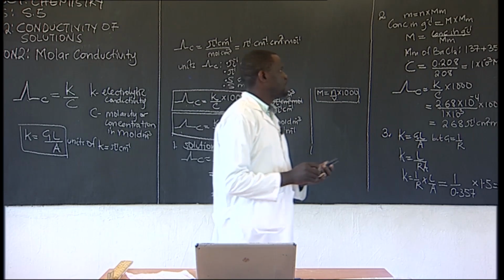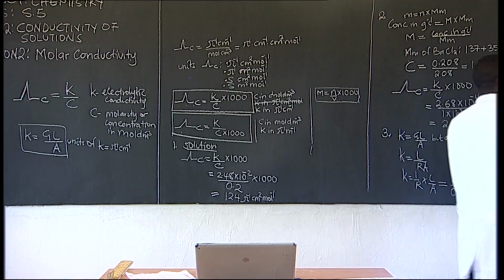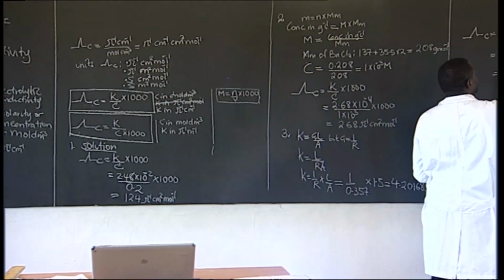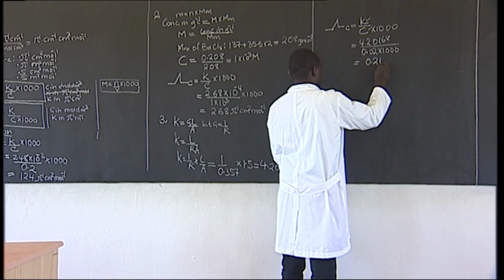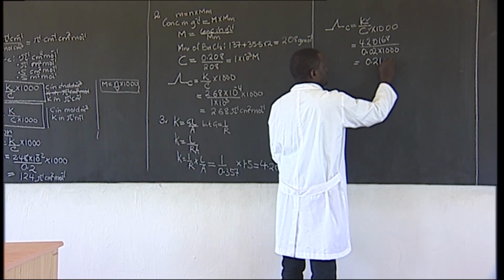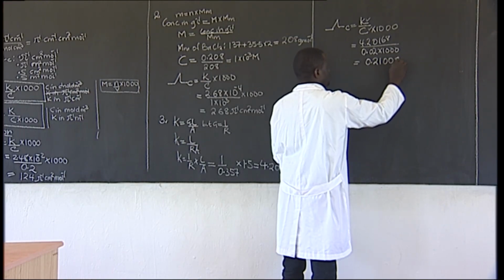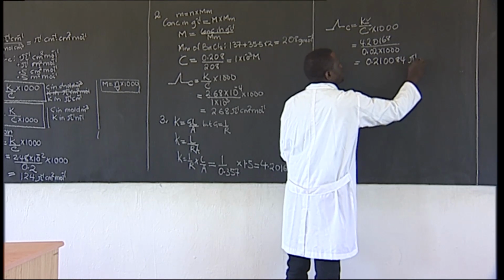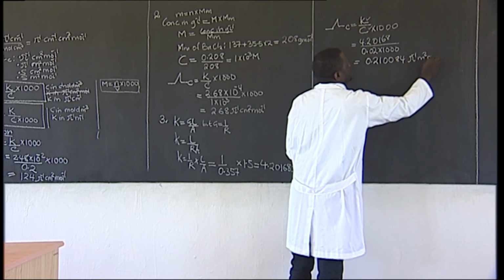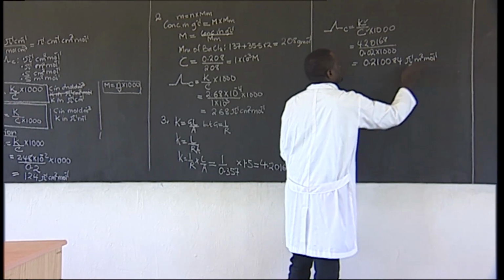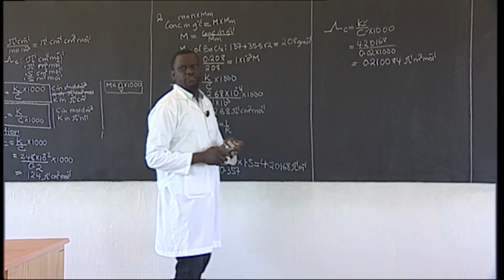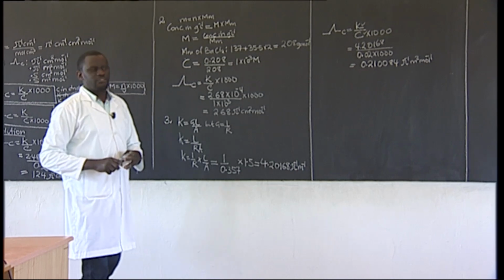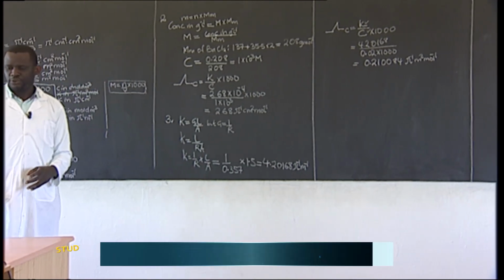So the answer will be 0.21. Yes, this is the final answer, even if you write a few decimal places, and the unit is per ohm meter squared per mole. We'll give you some time to copy the answers.